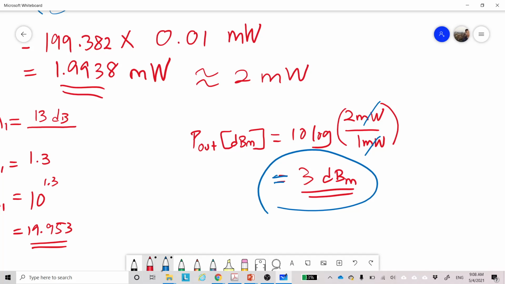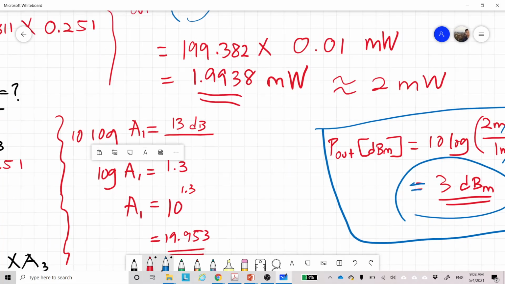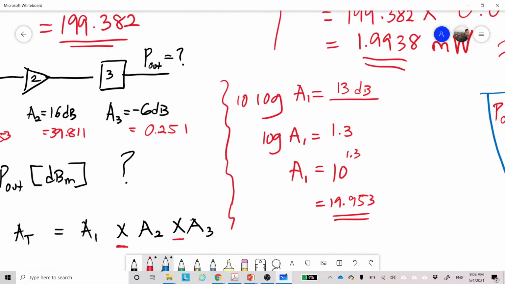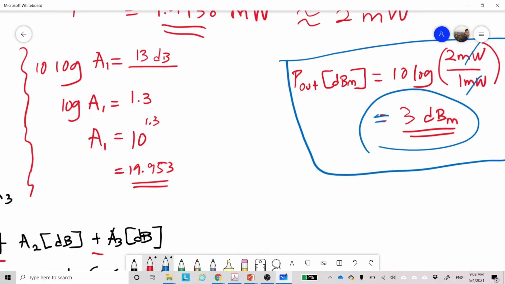Kita dapat jawapan yang sama semasa kita buat dalam sebutan dBm. So this is just to check. Okay, so I think we answered the example.